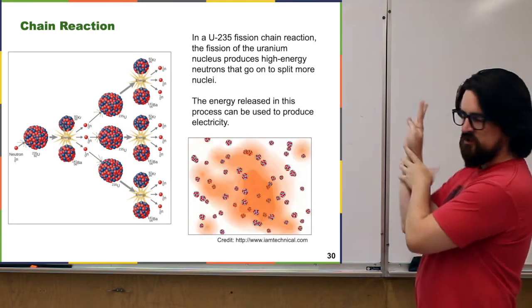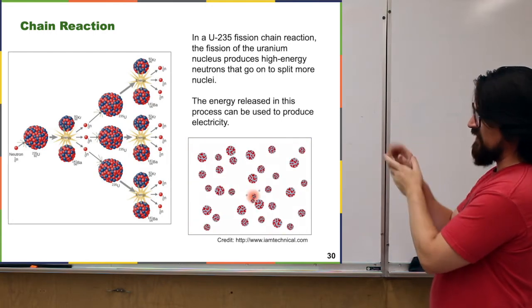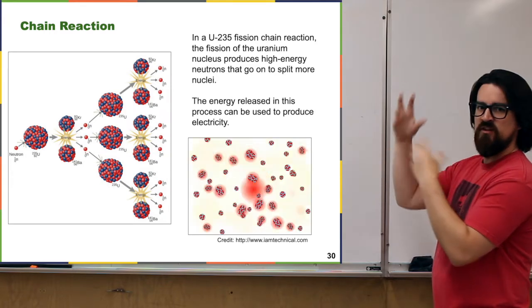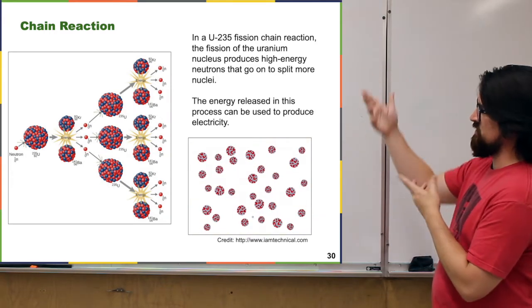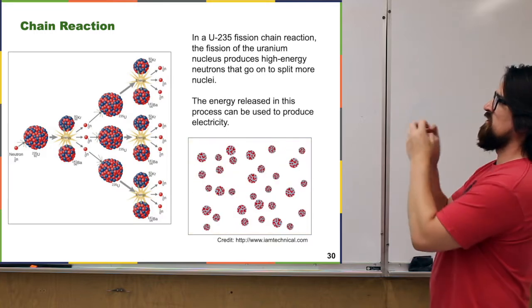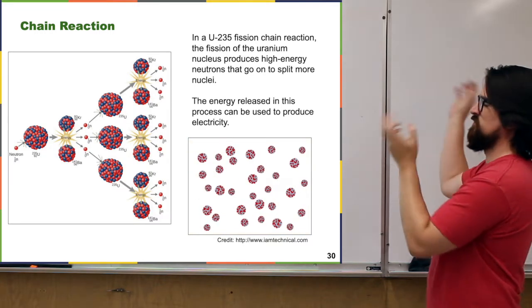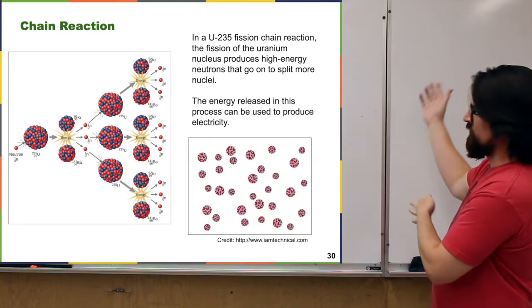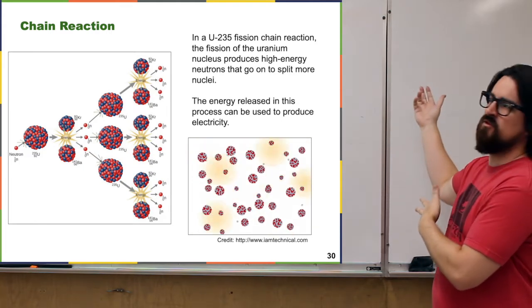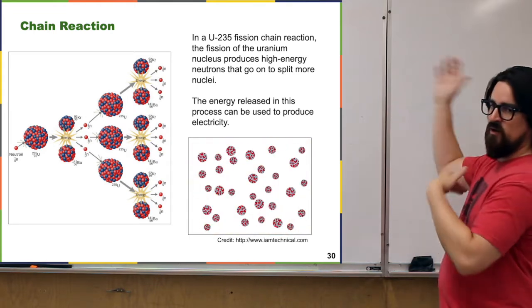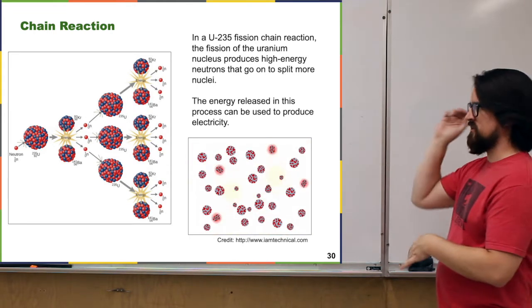But there are 3 neutrons that come out of that fission process, and some of those neutrons can run into other nuclei, like other uranium nuclei, which can cause those to go through that fission process, so they'll also split and release more neutrons. Those neutrons can hit more uranium nuclei, cause more fission to happen, and you can get this sort of runaway reaction, or runaway process.